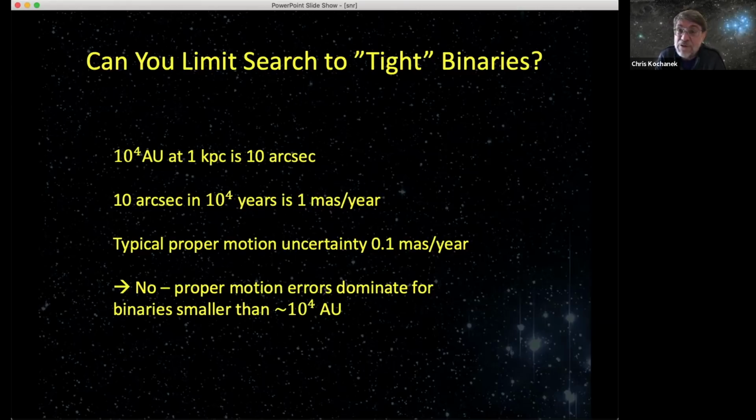So if you allow ages of many tens of thousands of years, you have to account for the uncertainty of the proper motion of both the neutron star and the Gaia star. Basically, you are limited to just saying any sort of binary out to very wide binaries. You can't ask for compact binaries versus very wide binaries because of the uncertainties in the proper motions.